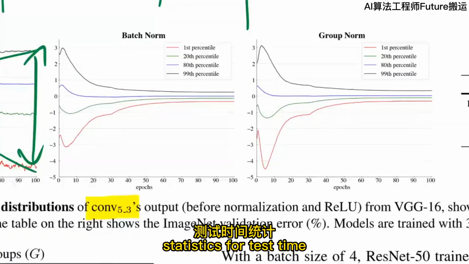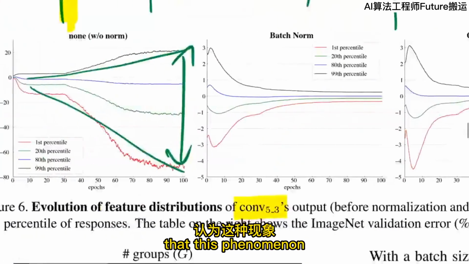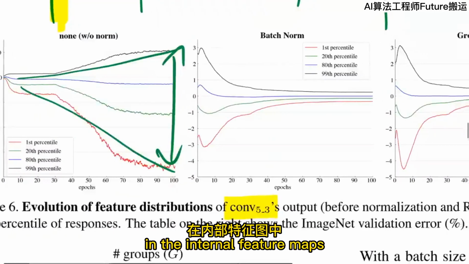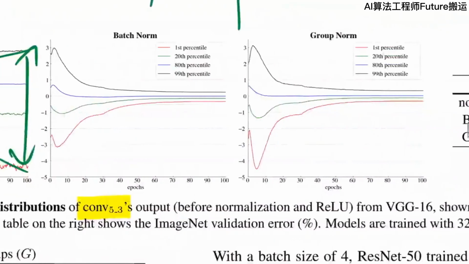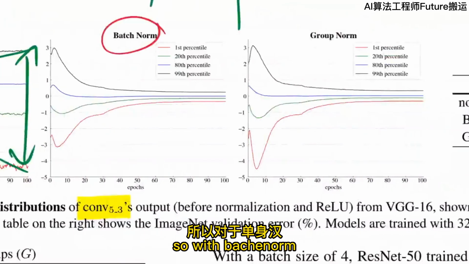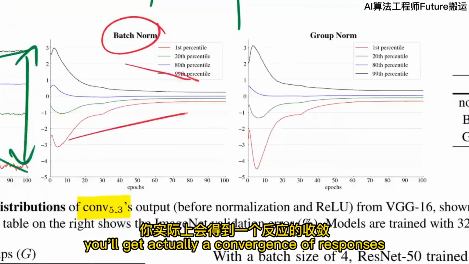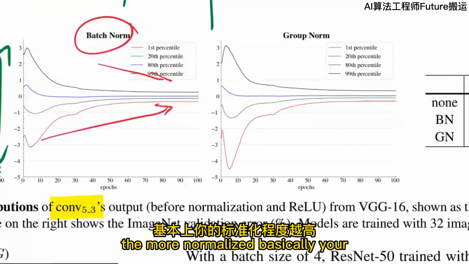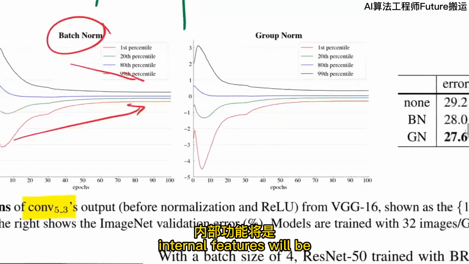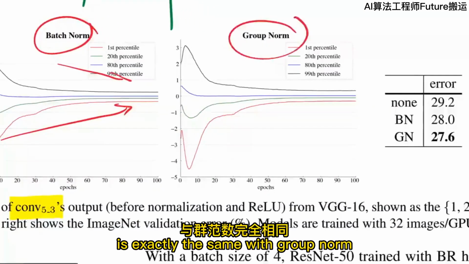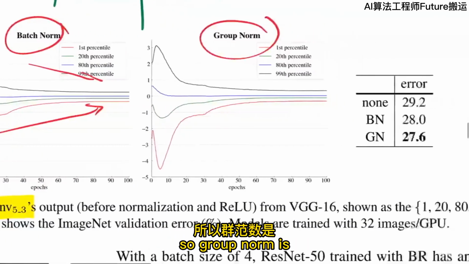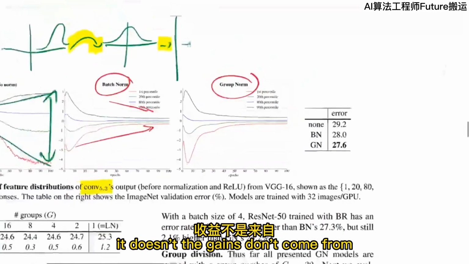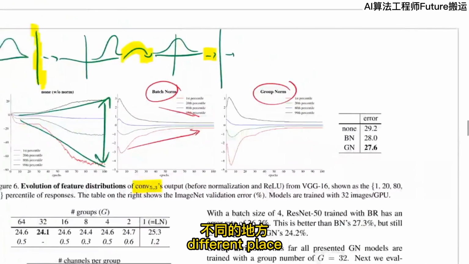statistics for test time. They do verify, which I find pretty cool, that this phenomenon of the responses going apart during training in the internal feature maps, batch norm counteracts that. So with batch norm, you'll actually get a convergence of responses during training. So the more you train, the more normalized basically your internal features will be, and they show that this is exactly the same with group norm. So group norm is, as it seems, a replacement. It's not an addition. The gains don't come from a different place.